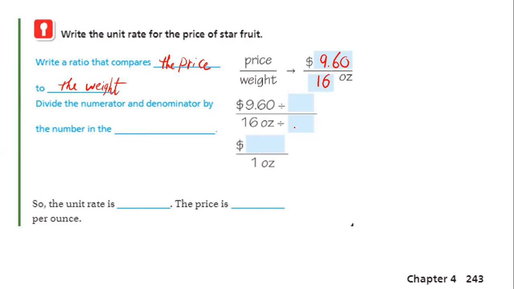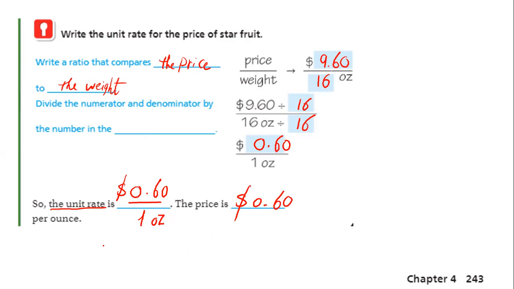When we divide by 16, the answer becomes 0.60. So the unit rate is 60 cents to 1 ounce. The price is 60 cents per ounce.